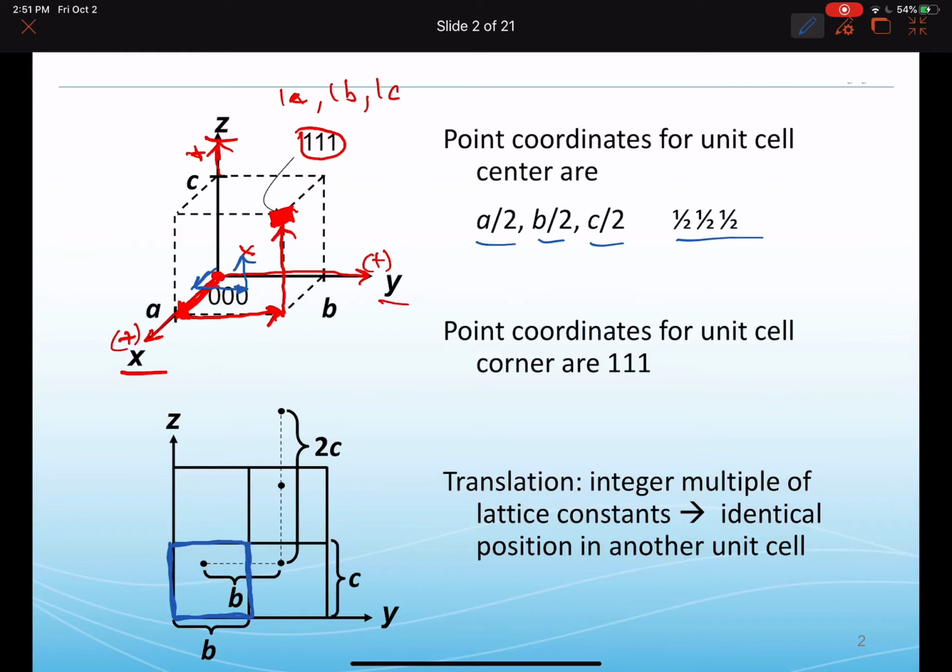So any point that's in one cell, if it is in fact a unit cell, is twinned over in all 3 directions next to it. And we make use of that when we come up with methods for listing vectors and planes in these unit cells. In other words, by translation, neighboring cells of that unit cell have identical positions or points or directions because that unit cell represents all units next to it.